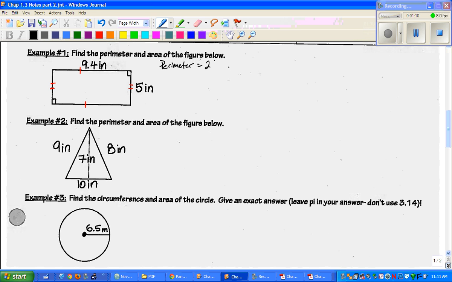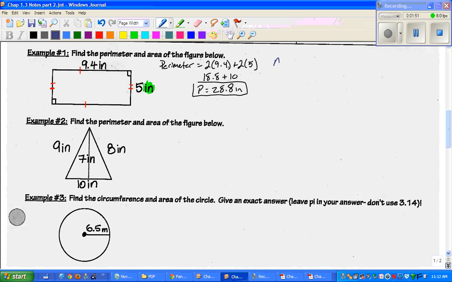So we have 2 of the top plus 2 of the side, the length and the width. 2 times 9.4 is 18.8 plus 10. We get a total of 28.8. And just remember, 28.8 what? We have inches. Oh, let's write that in pen. So the perimeter equals 28.8 inches.